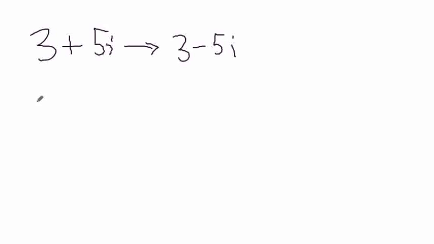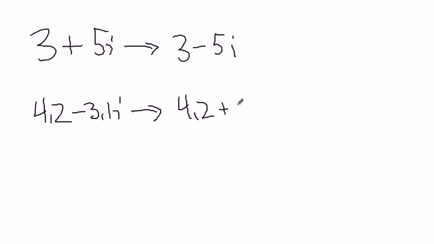What if I had 4.2 minus 3.1i? Change the sign of the coefficient of the imaginary part, so that would be 4.2 plus 3.1i. All right, so hopefully that's clear. And so by multiplying the top and bottom by the conjugate of the denominator, you'll be able to do complex number division.